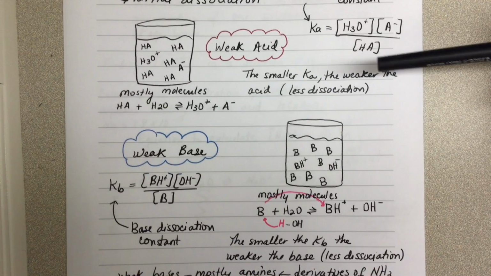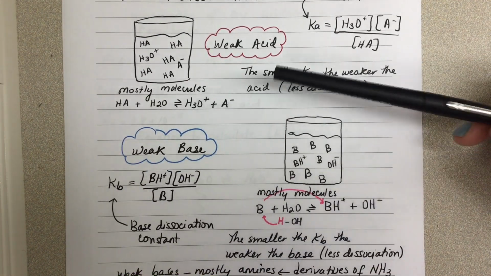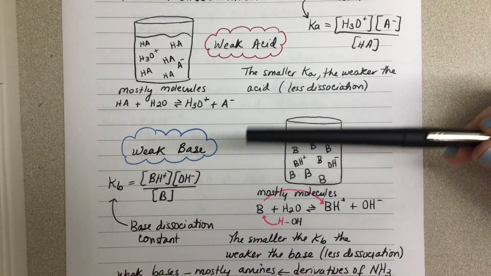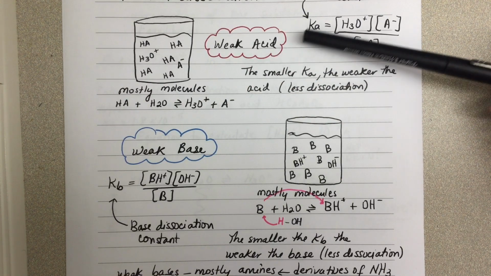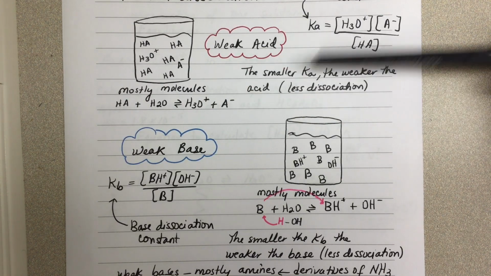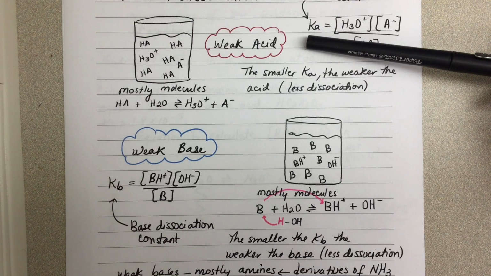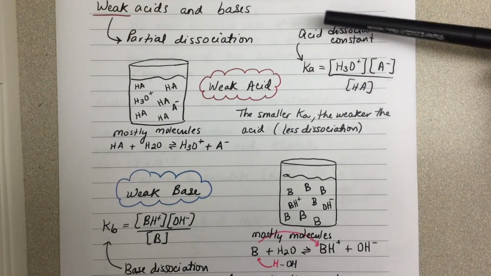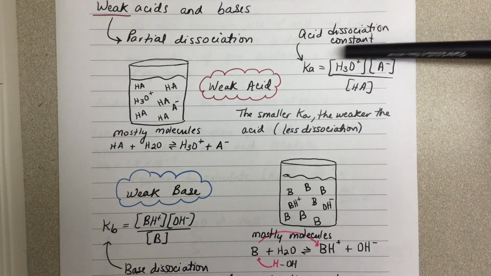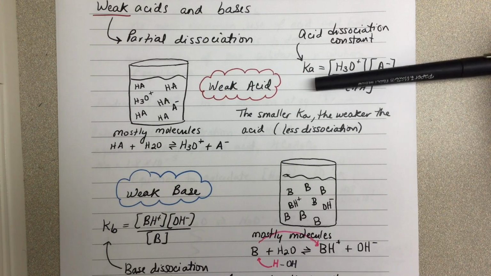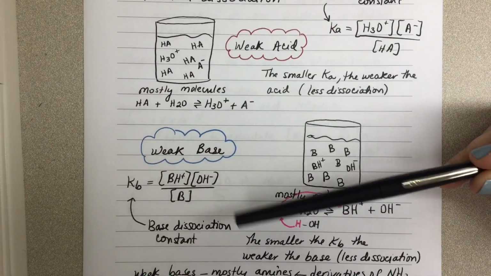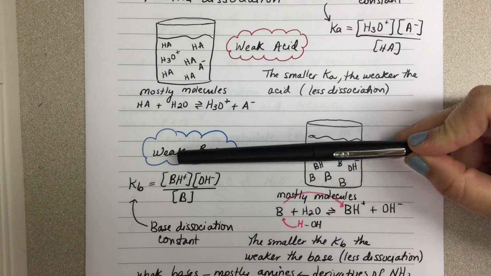Since we have an equilibrium here for weak acids and weak bases, whenever you have an equilibrium, you're going to have an equilibrium constant. So for weak acids, we have a Ka, and that Ka is your equilibrium constant for the dissociation of a weak acid. We have something similar for weak bases here.